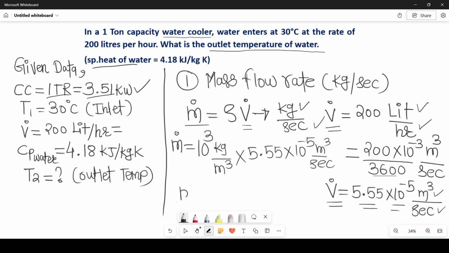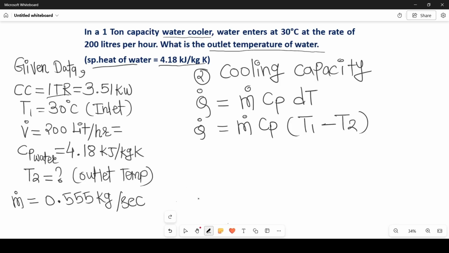From this, mass flow rate is equal to 0.0555 kg per second. So here meter cube get cancelled and you will get kg per second. So the mass flow rate of the water is equal to 0.0555 kg per second.